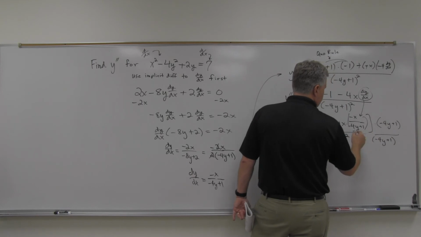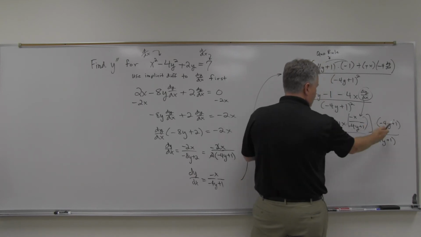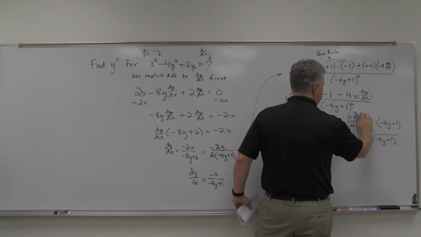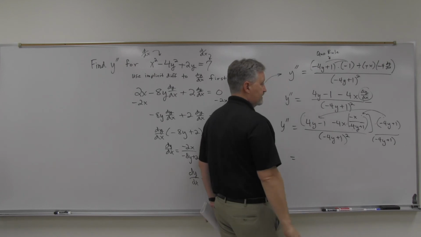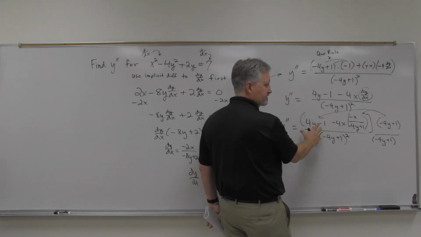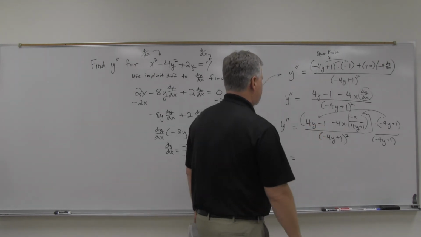Now here's the thing. If I multiply this whole top by negative 4y plus 1, it does get multiplied by that, but it also gets multiplied by these over here, too. So you actually wind up having to kind of FOIL that.